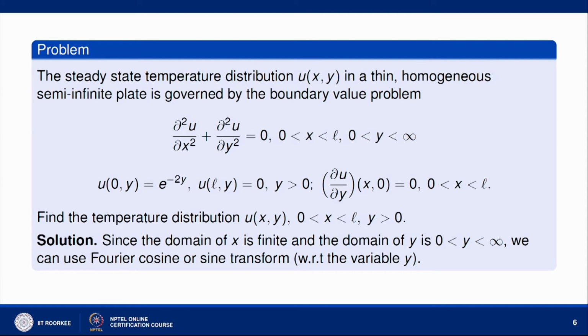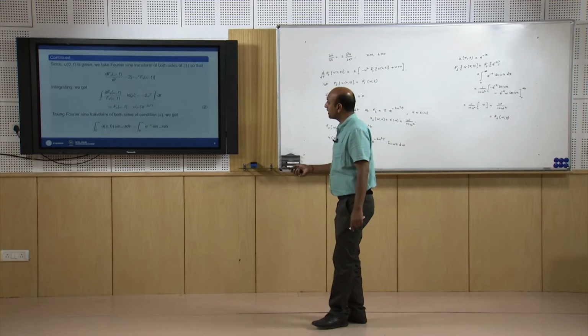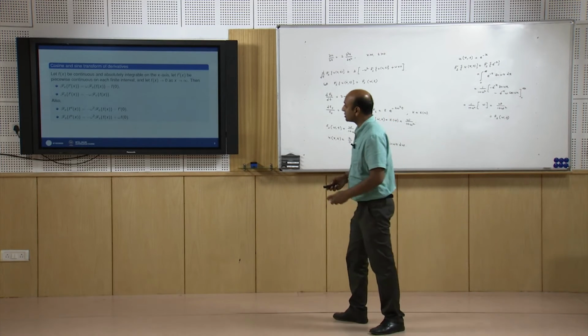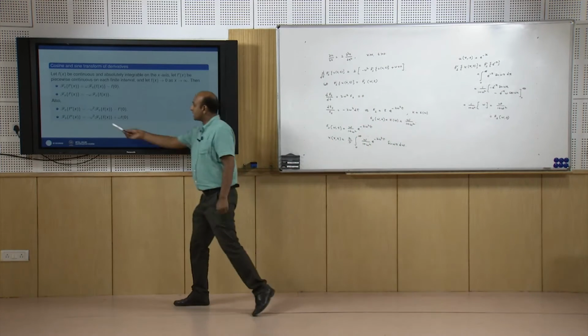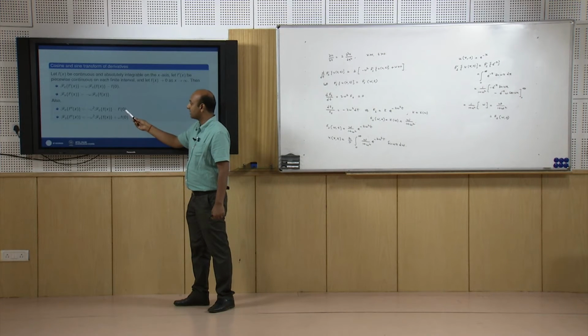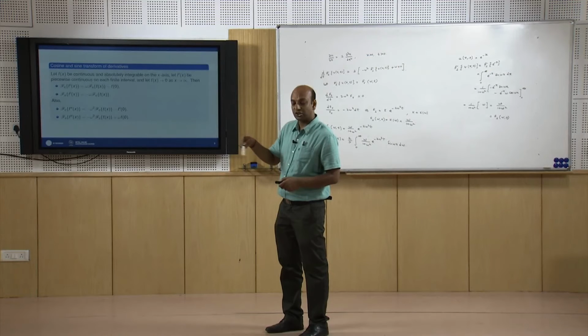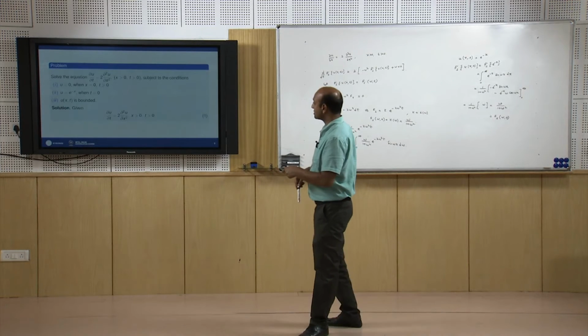That means we will apply the Fourier cosine transform here, because in the Fourier cosine transform of the second derivative, we have the derivative at x equal to 0. Okay. So, that means we have to apply the Fourier cosine transform when we have the derivative term in the initial conditions.